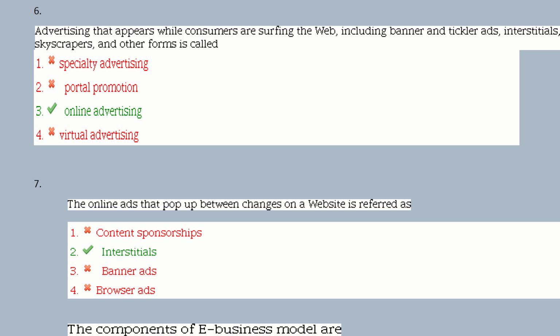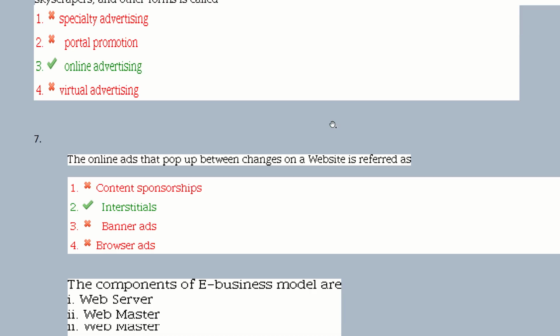The online ads that pop up between changes on a website is referred as interstitials. వెబ్సైట్ కి వేరే వెబ్సైట్ కి మారుతున్నప్పుడు ఇన్ బిట్వీన్ వచ్చే యాడ్స్ మనం ఇంటర్స్టియల్స్ అంటాం.